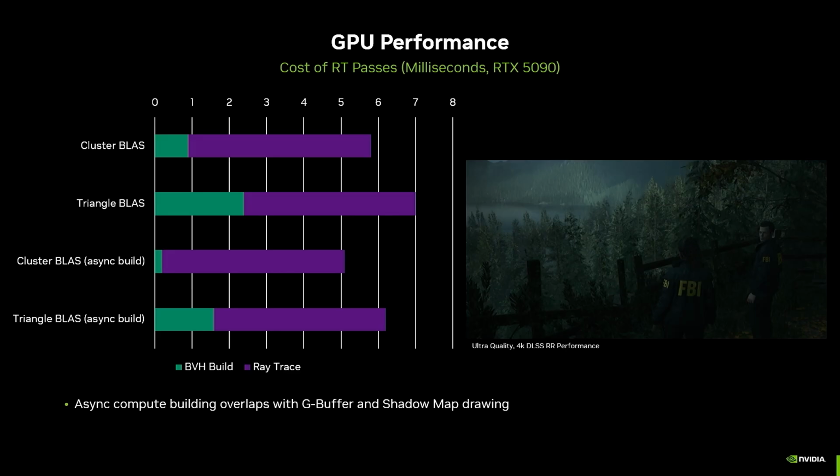This hides some of the PVH build cost, but not all of it. And anyway, the ray tracing passes are a bit slower with the clusters, but even when async compute is used, the win in the PVH building is usually big enough to turn into an overall performance improvement also on the GPU.